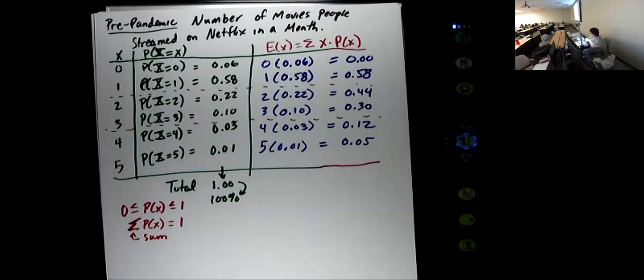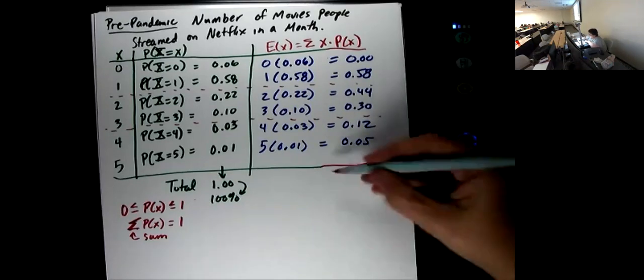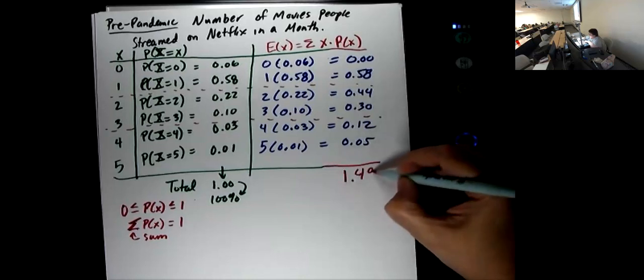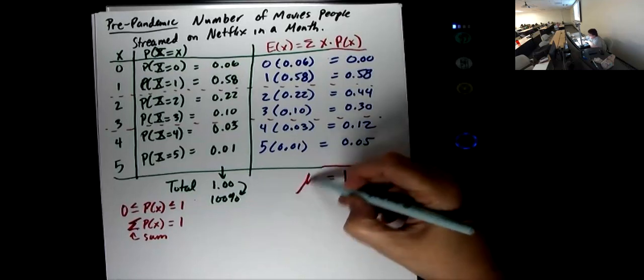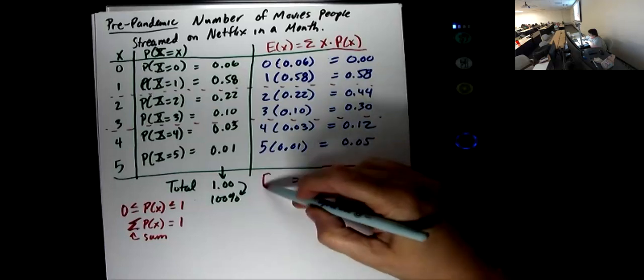You want to add that up? 0.49. That is our mean or our expected value.